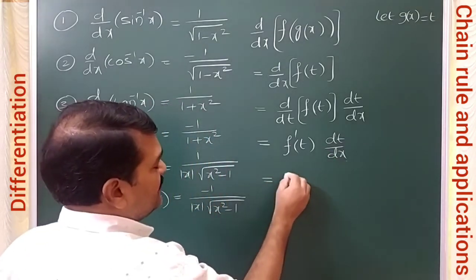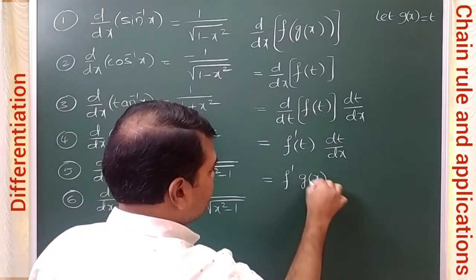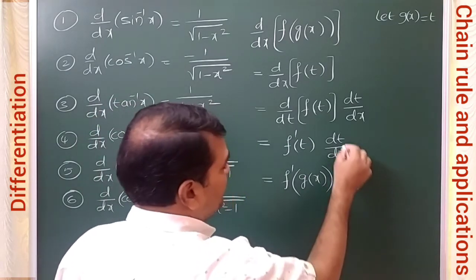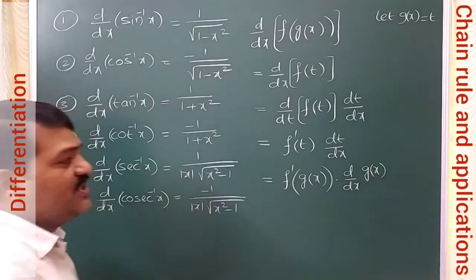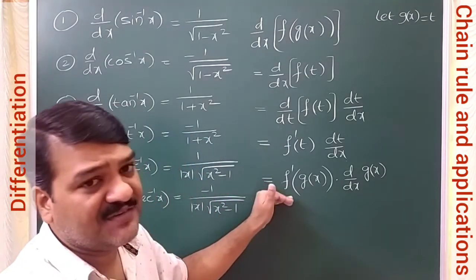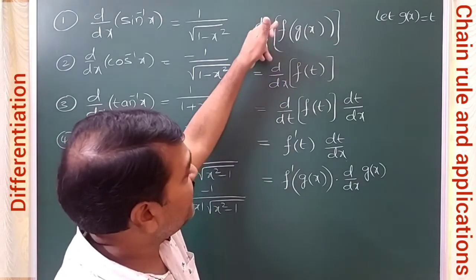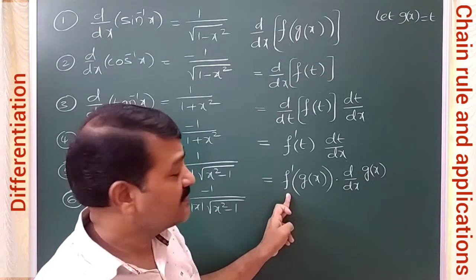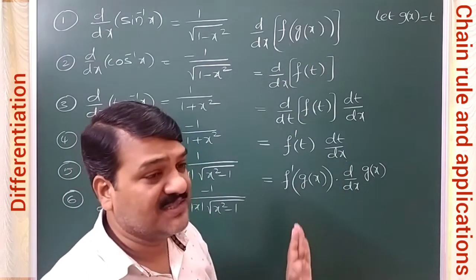What is t now? Substitute here. So f dash of, what is t? g of x, into d by dx of g of x. This is the application of the chain rule. Observe the final part carefully. When you have a function of a function, we have written the derivative of the external function first, and after that the derivative of the internal function.